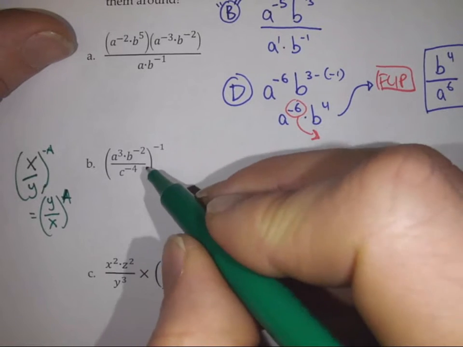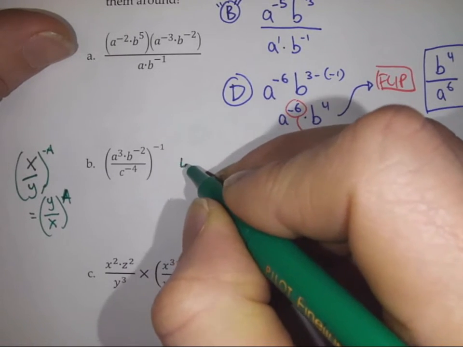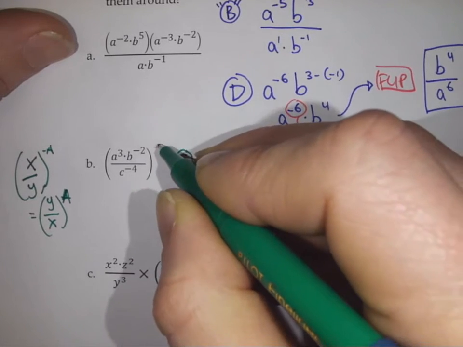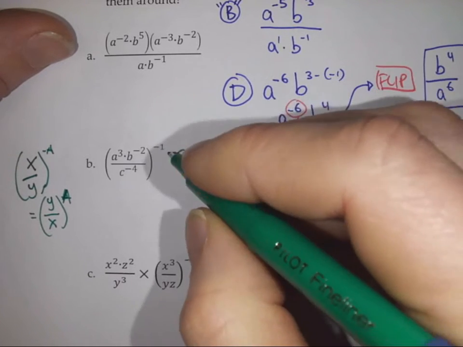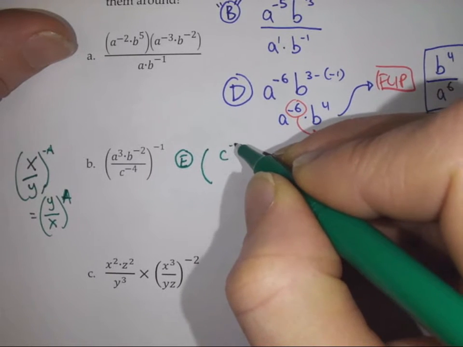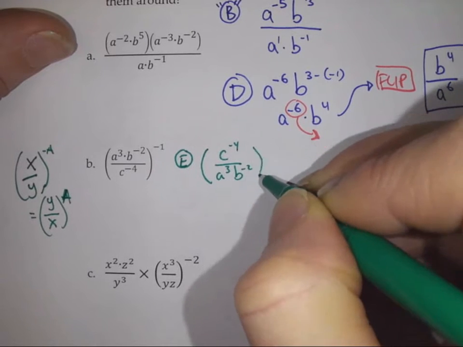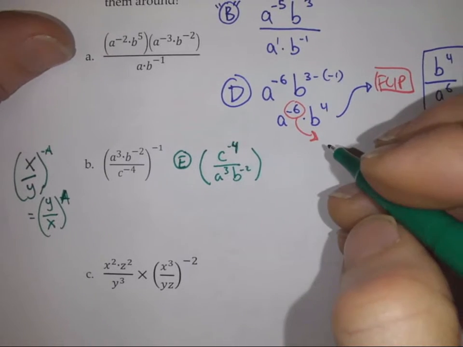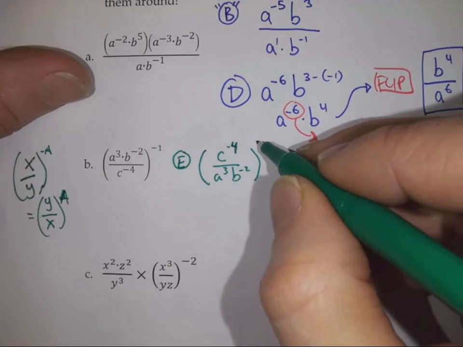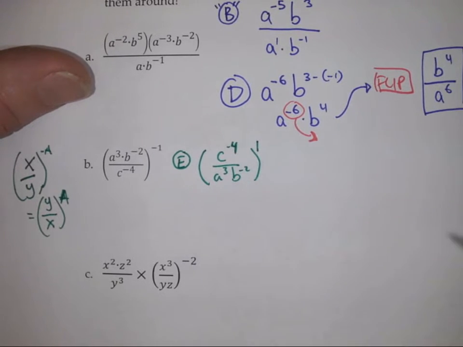There's nothing inside the brackets we can do, though. So we're going to move on to the exponent step. We're going to take that negative exponent and flip it around. So we're going to have c to the power of negative 4 on the top over a cubed b to the power of negative 2. All right. And that's all to the power of now positive 1. And to say something's to the power of positive 1 doesn't really change anything.